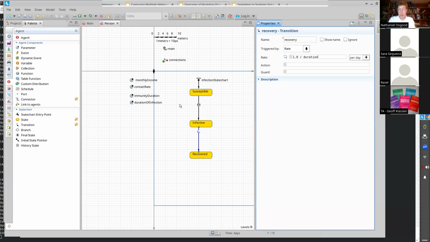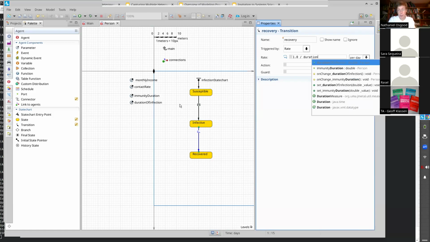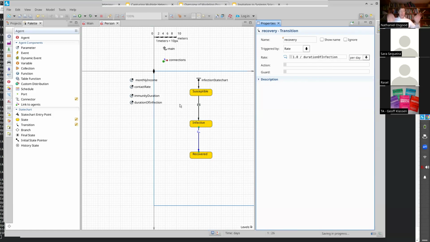I've mentioned this several times, right? If you spend 10 days on average infective, then your chance of leaving per day is 0.1, 1 over that.